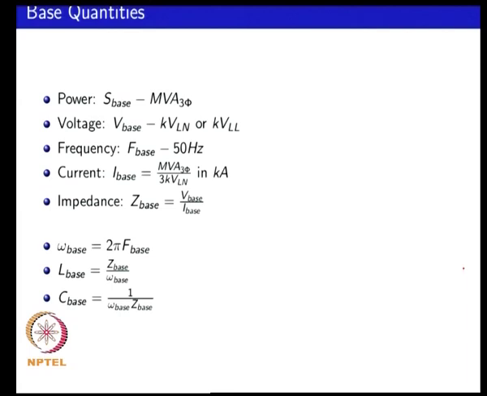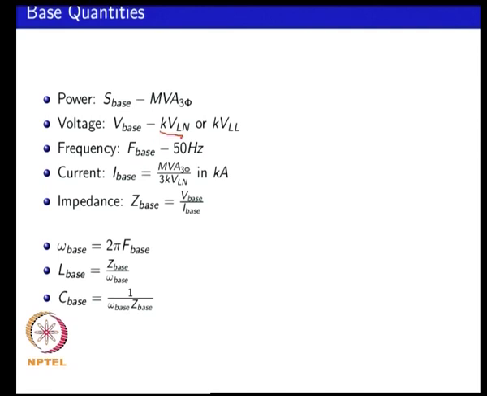Your voltage, you have to get a base voltage. It can be in kilovolts on a line to neutral basis or a line to line basis. In this course we will look at the voltage on a line to neutral basis, but often it can also be done on a line to line basis.